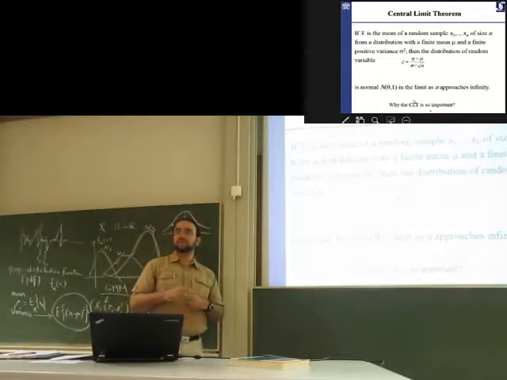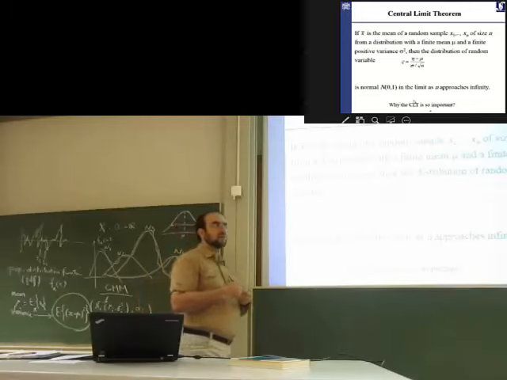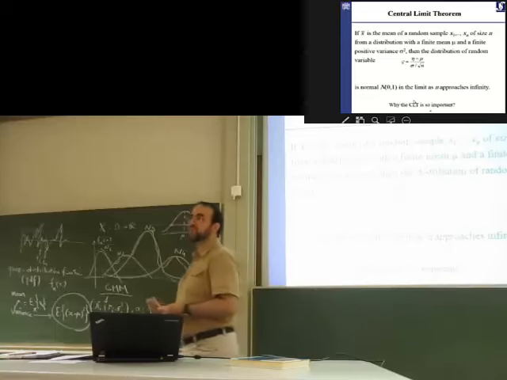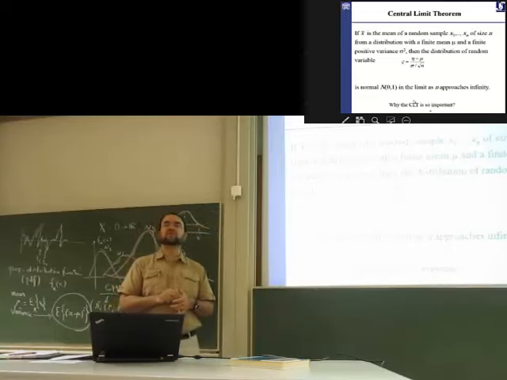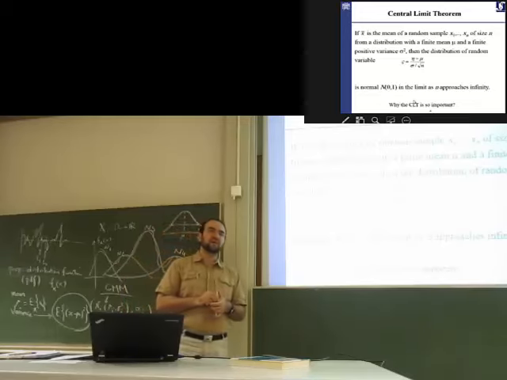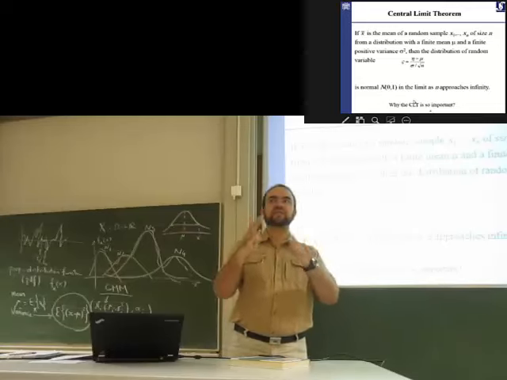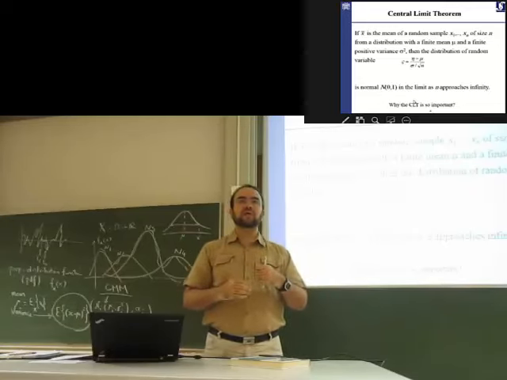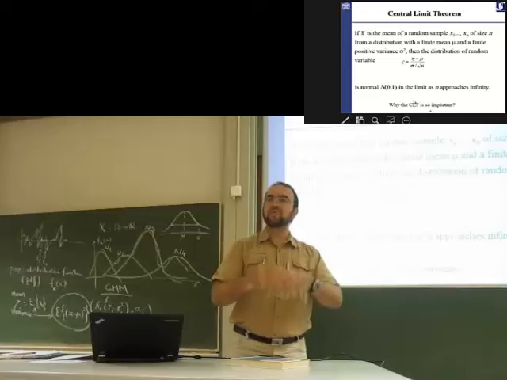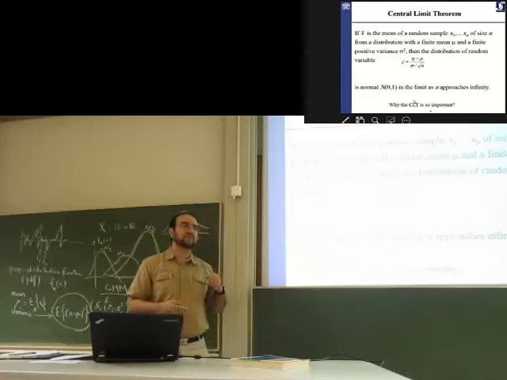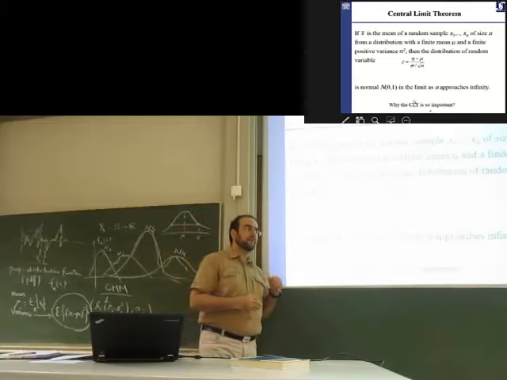Actually, one of the first solutions to the ICA problem, the independent component analysis problem, whose goal is to separate signals or random processes from each other, emerged from the central limit theorem.